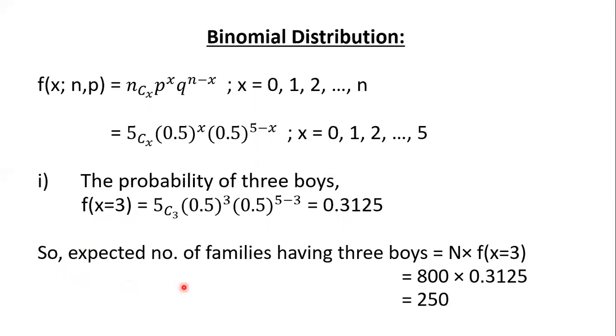So the expected number of families having 3 boys equals N × f(3), where N = 800 and f(3) = 0.3125.